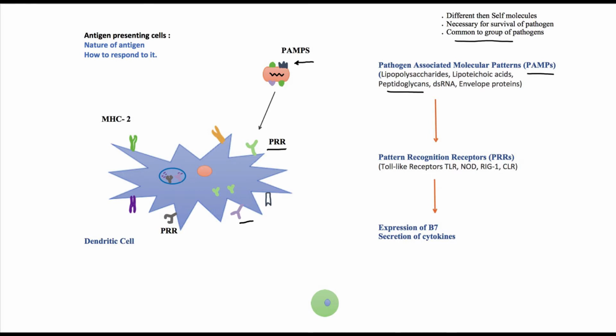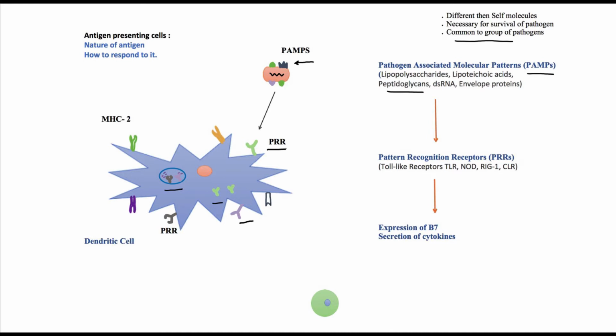These receptors are also present in cytoplasm and endosomes of antigen-presenting cells. So whenever a pathogen or molecules derived from pathogens come across these receptors, antigen-presenting cells will recognize their molecular patterns to identify nature of pathogen.